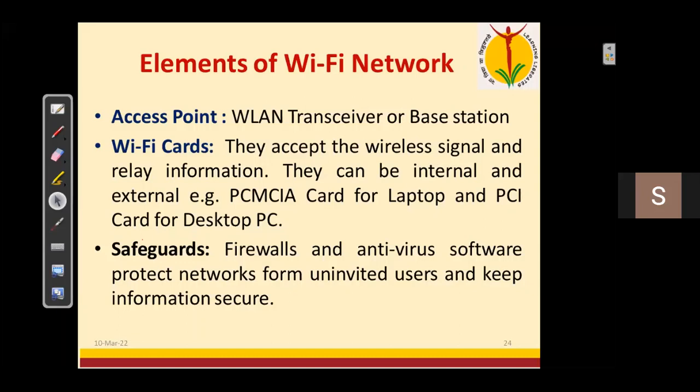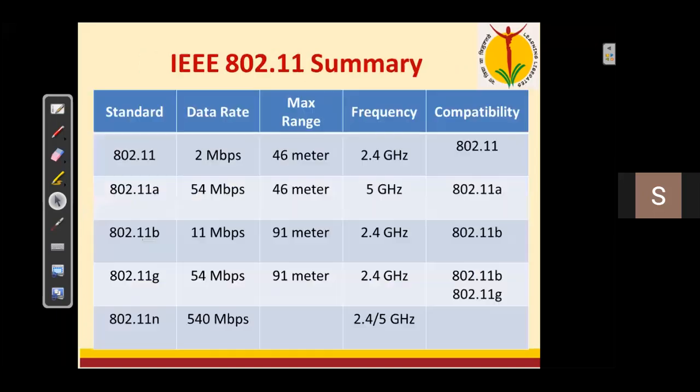For example, we have the PCMCIA card in laptops, and in a PC, that is personal computer, we will have the PCI. For safeguarding, we definitely need certain firewalls and antivirus software, which protect your network from unauthorized access to your devices.